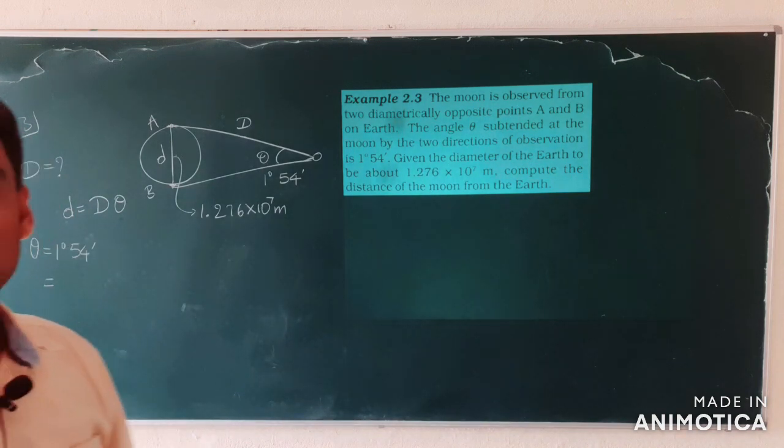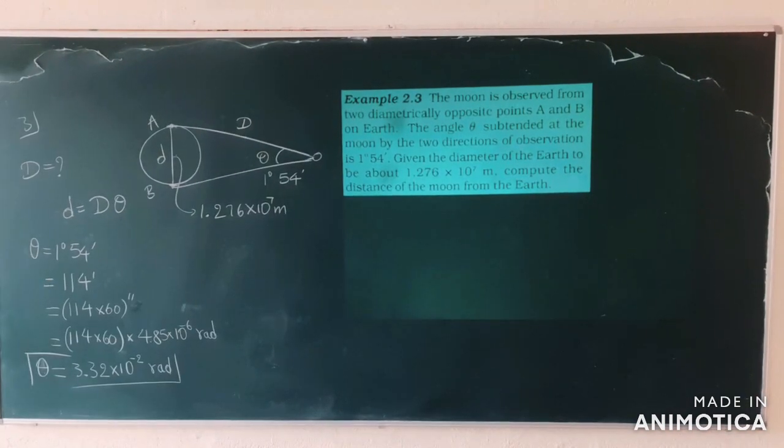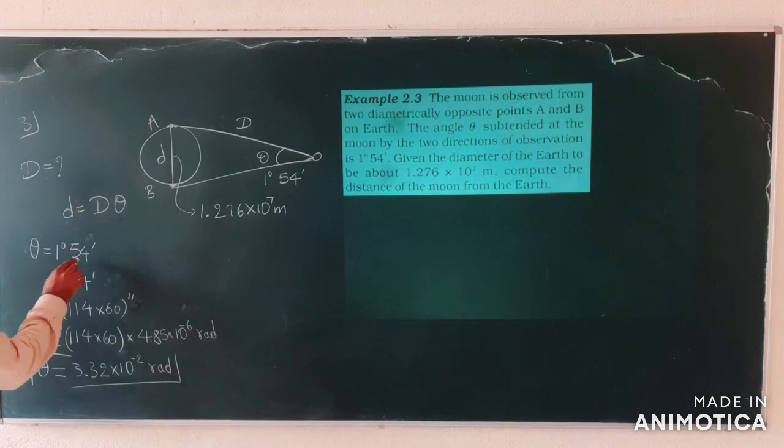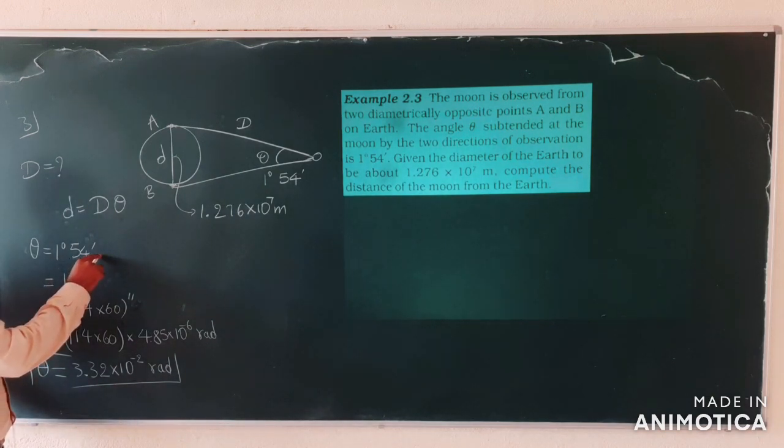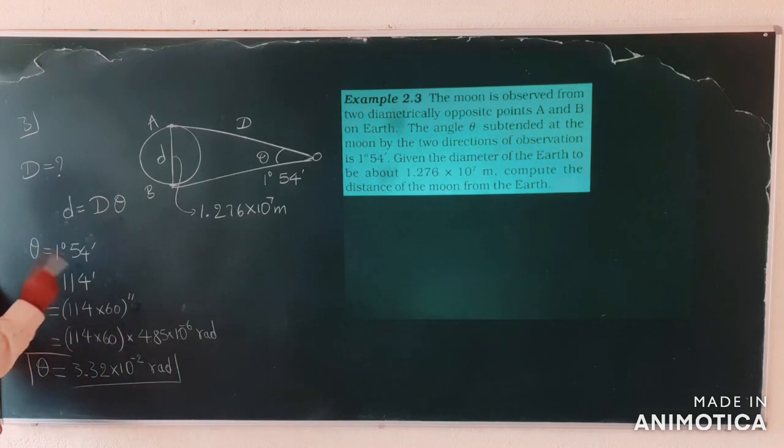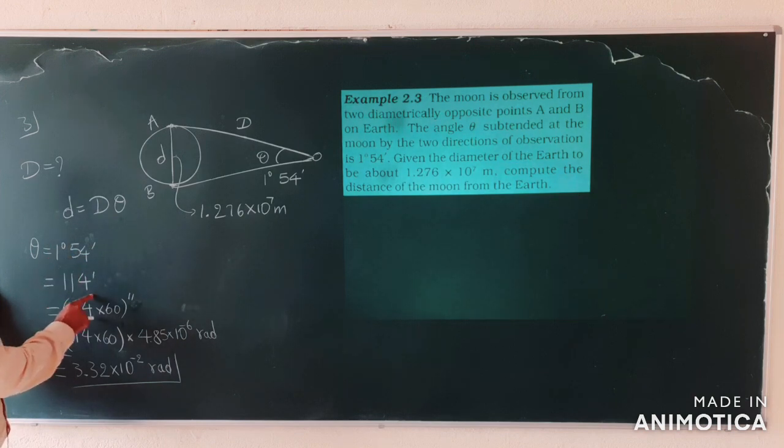Let me convert it. I have converted it. So 1 degree 54 minutes has to be converted into radians. 1 degree is 60 minutes. So 1 degree 54 minutes together is 114 minutes. 60 minutes from this 1 degree plus 54 minutes, 114 minutes.